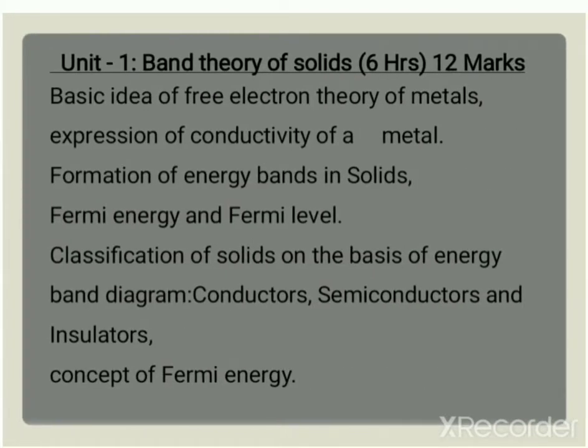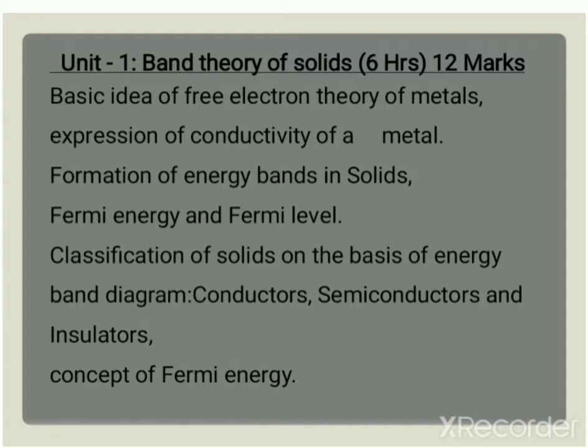Unit 1 is band theory of solids, and we have to complete this unit in 6 hours. This unit has a weightage of 12 marks. Under this unit we focus on the basic idea of free electron theory of metals, the expression of conductivity of a metal, the formation of energy bands in solids, and Fermi energy and Fermi levels.